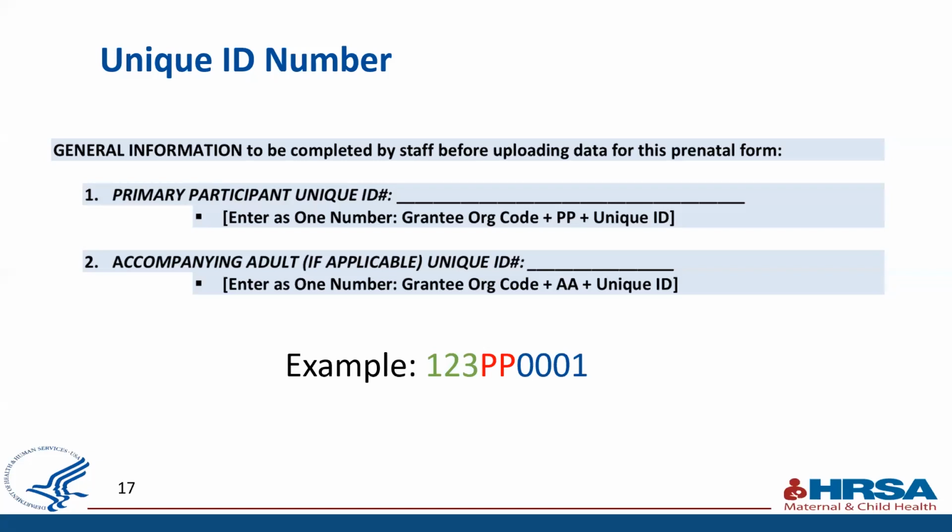Yes. Well, it would be preferable if it went sequentially, beginning at 1 and going upwards. We had so much variation in how the IDs were created last time. It made it kind of difficult to pull it all together. And so it's good to have a standardized system across grantees.